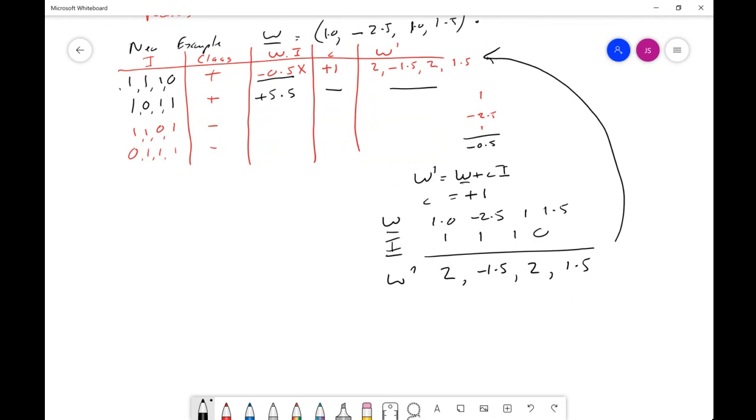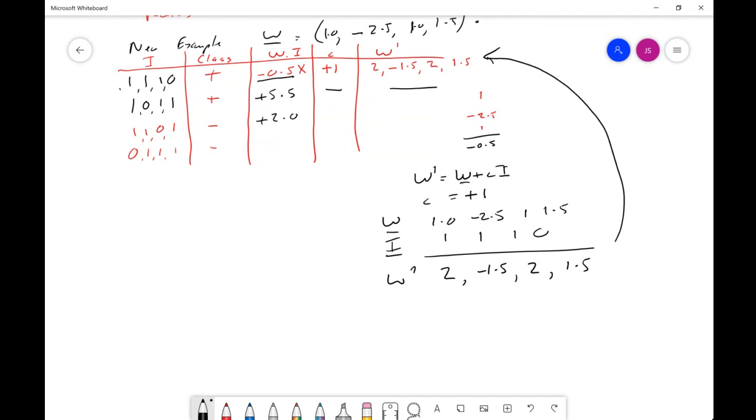Is it 5.5? 2. Oops, wrong line. Sorry, I thought it was wrong. 2 minus 1.5 is 0.5. 0 and 1.5. 0.5 and 1.5 is 2 plus 2. It's a positive response. It's a negative class.